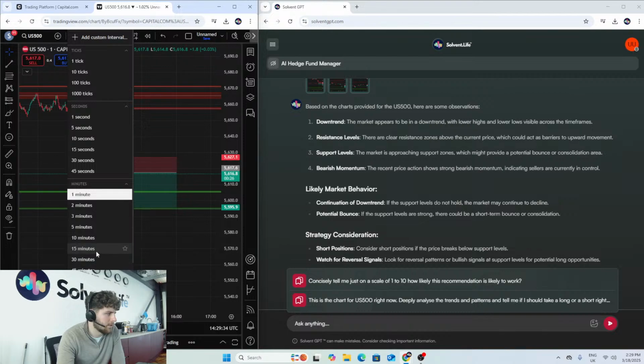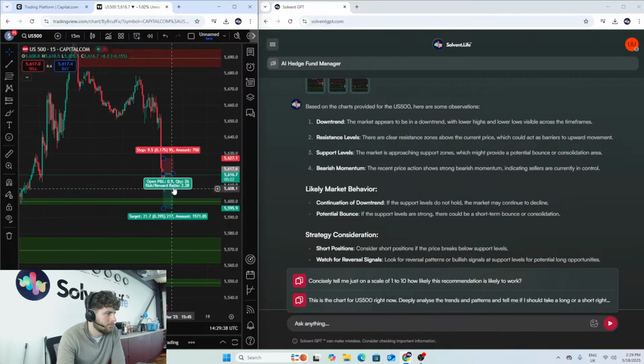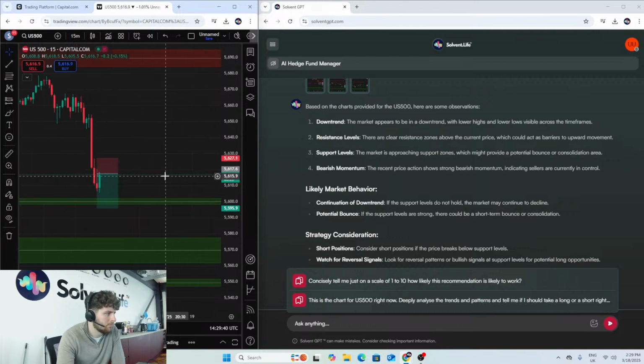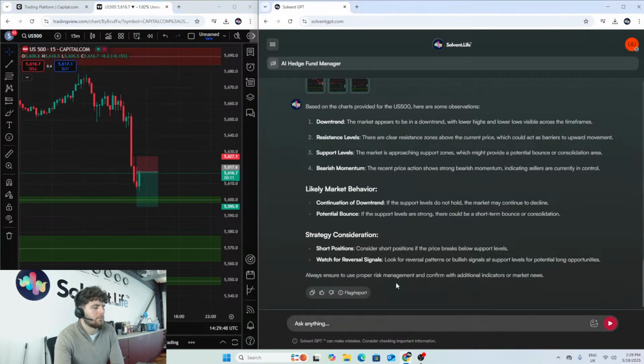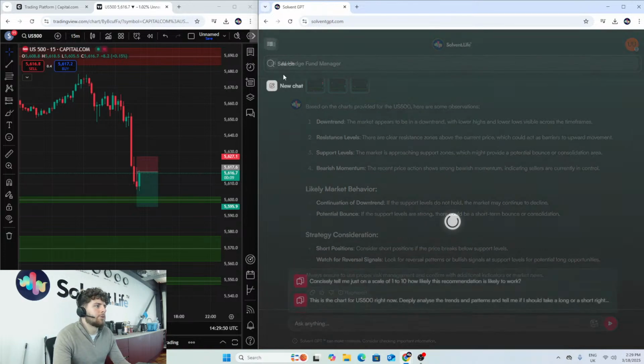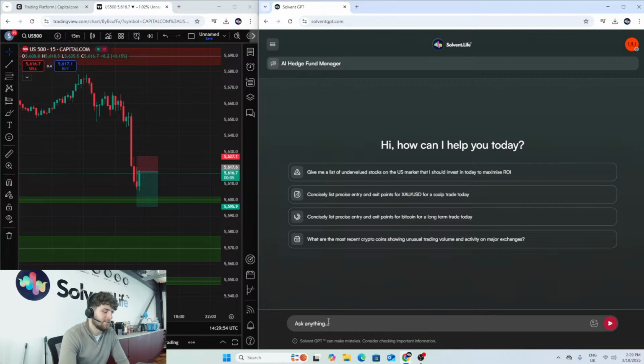Let's go back into 15-minute. So, option trades on Nvidia, very good to look at. I think maybe some penny stocks would be quite interesting to have a look at.